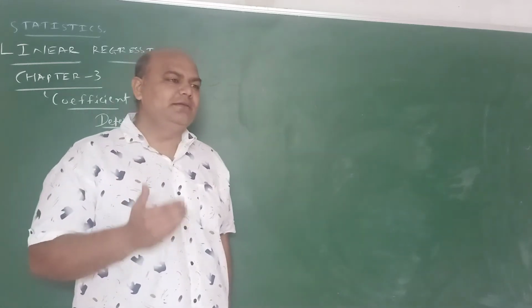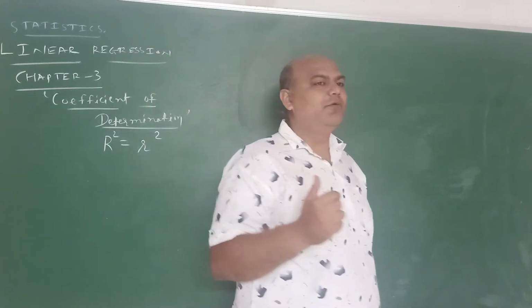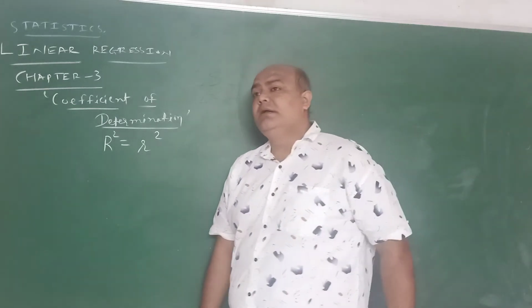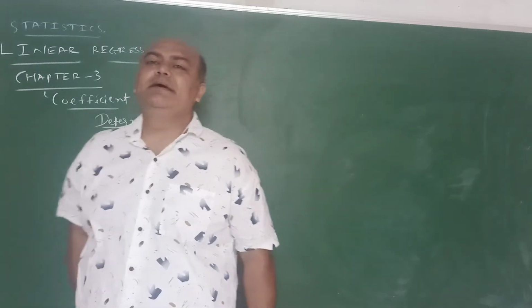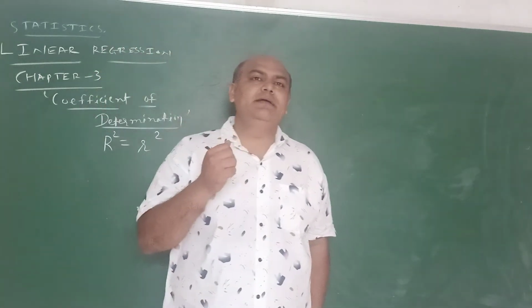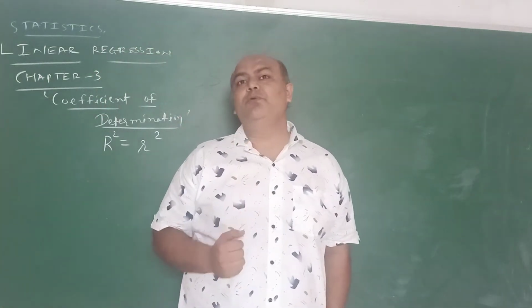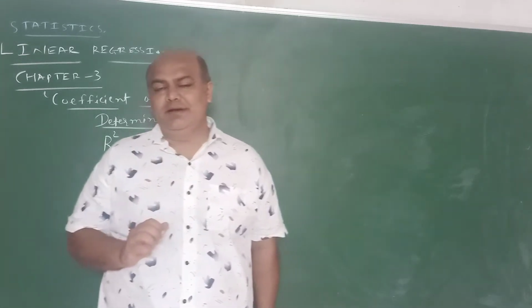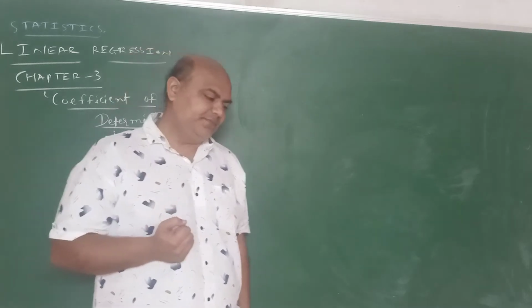We can find the unknown variable with the help of the known variable. But now the question arises in our mind, whenever we find the value of the unknown variable, whether it is correct or not, how can we judge it?